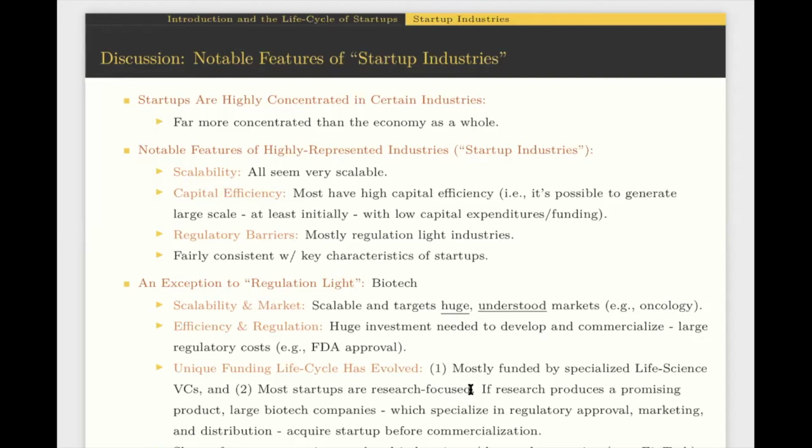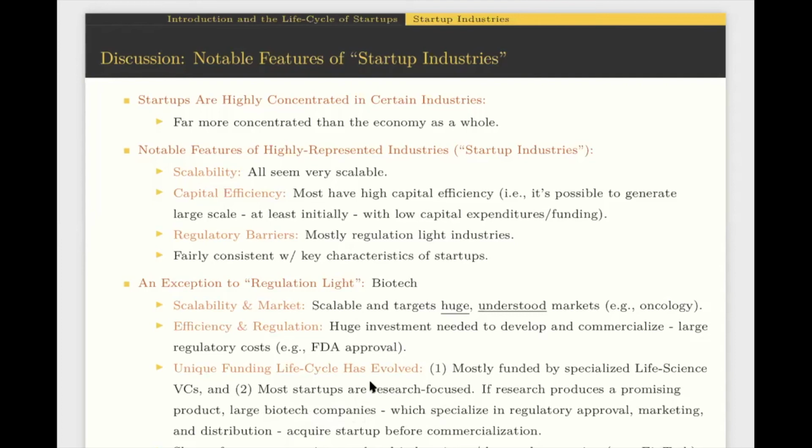So in some sense, it's more efficient for a large biotech company to take over a research project once it has been established to be sufficiently promising and a sufficient amount of uncertainty has been resolved, because the biotech company has the established distribution channels. They also have experience navigating the regulatory approval process, and so on and so forth.